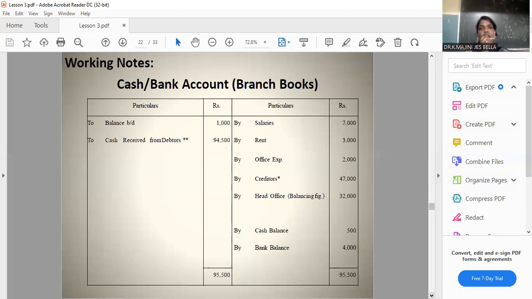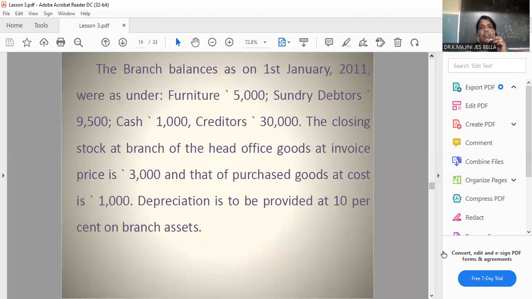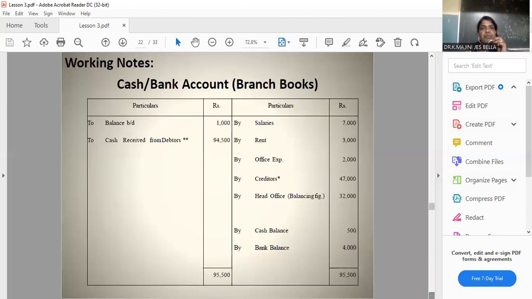That working notes are also I have given here for the cash and the bank account branch books. Okay. To balance BD, how much? 1,000 rupees. Cash received from debtors, how much? See the question.